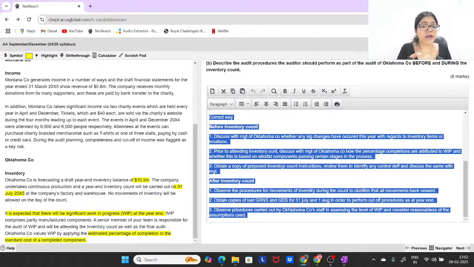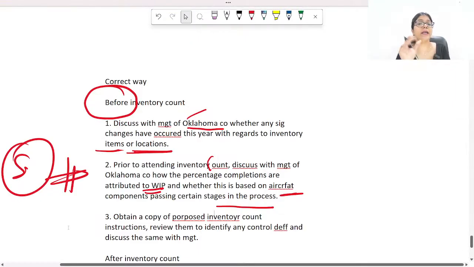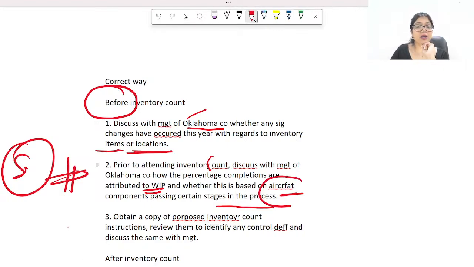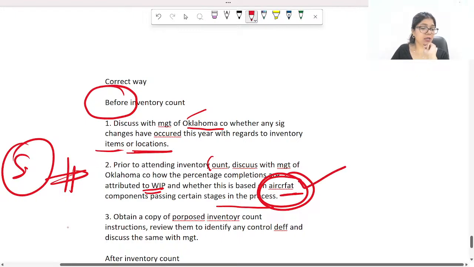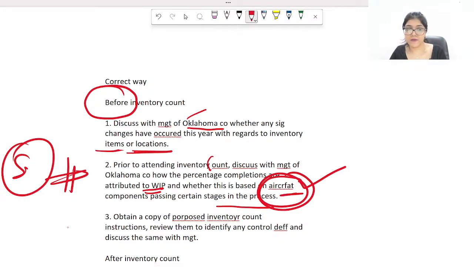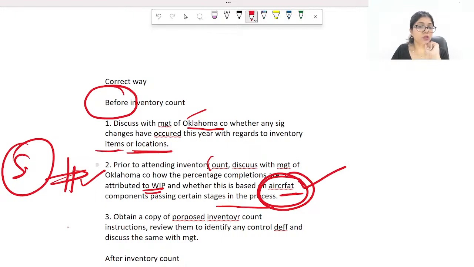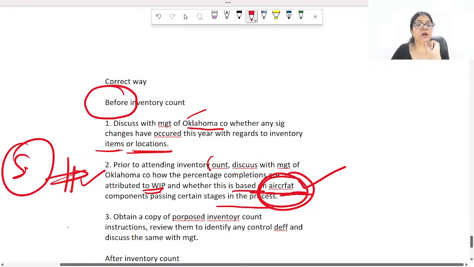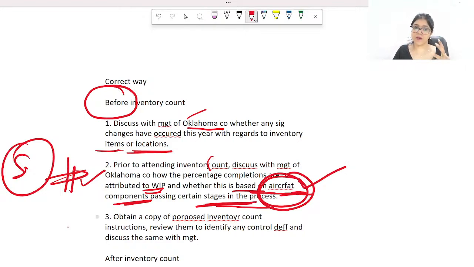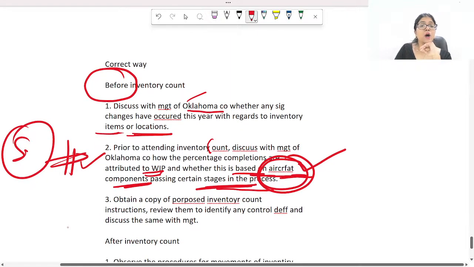So I use this percentage because they are using the percentage in their inventory also before the counting is done. The company is working in the aircraft industry, so we use that as well to make it case specific. So we are discussing with the management of Oklahoma company how the percentage completions are attributed to the WIP and whether this is based on components passing certain stages in the whole process of inventory valuation, right?